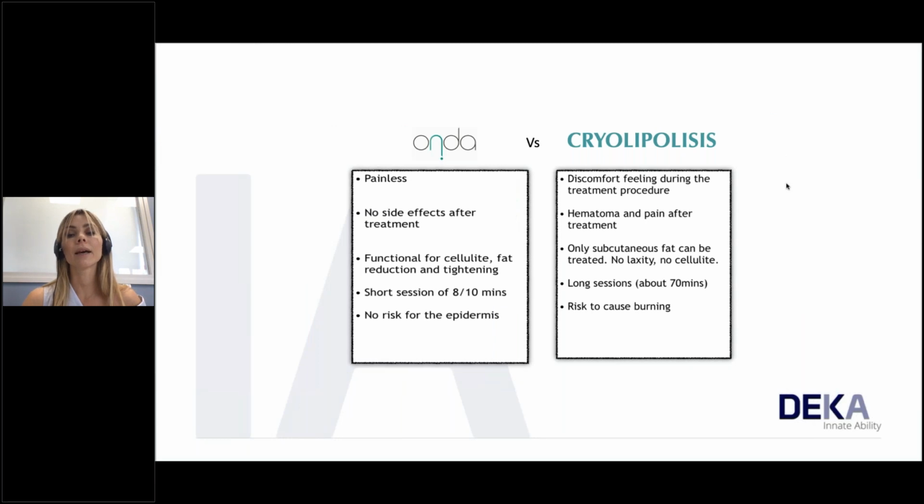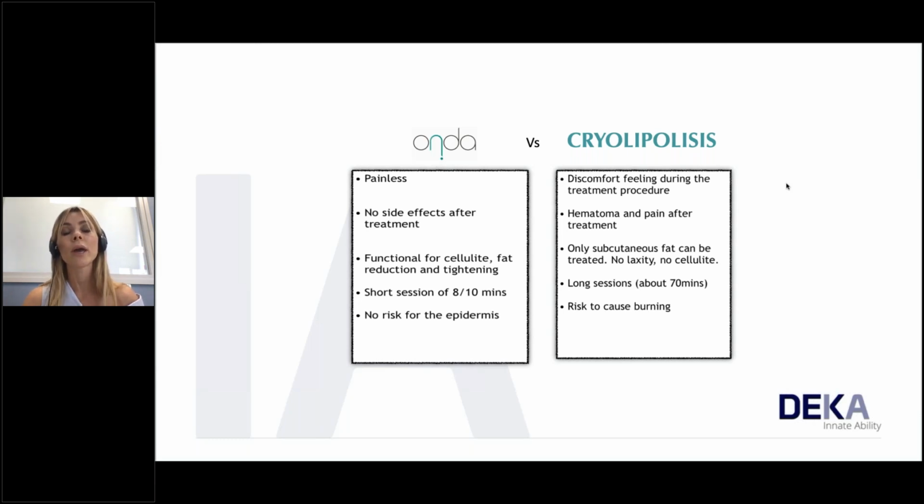And let's see the comparison with cryolipolysis. I have to confess that we love cryo, and we have cryo in our clinic. The problem of cryo is the selection of our patients. Why? Because this system cannot be performed in patients in whom the tissue is not pinchable, because the vacuum is not able to suck the tissue.